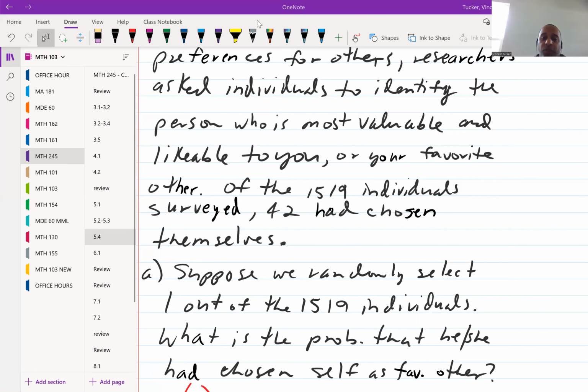Okay, the first one: suppose we randomly select one out of the 1,519 individuals. What is the probability that he or she had chosen self as a favorite other?